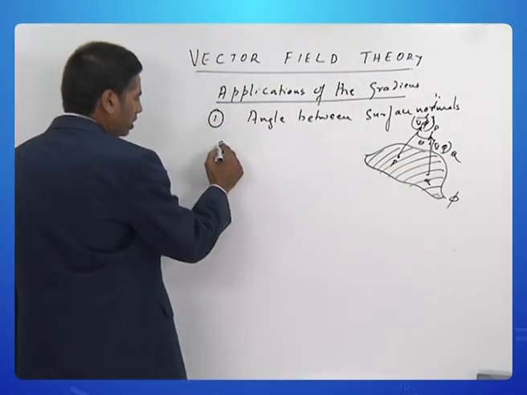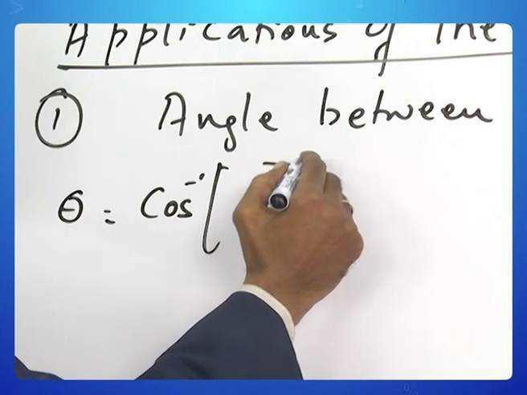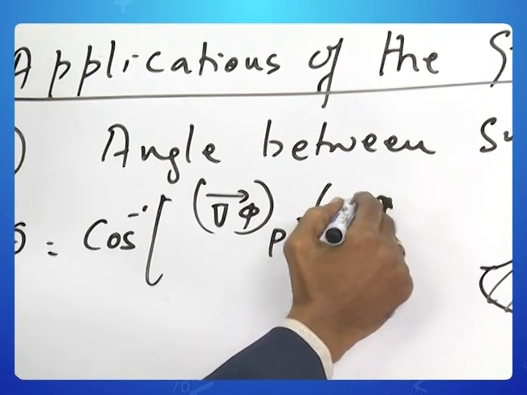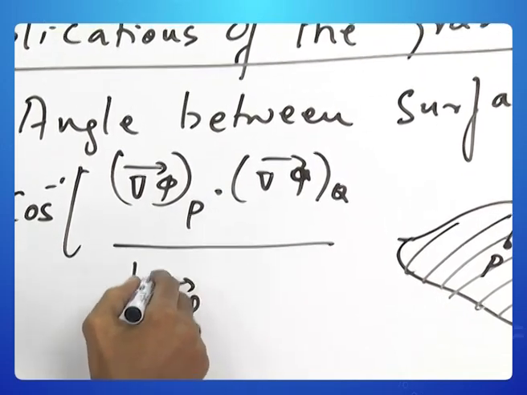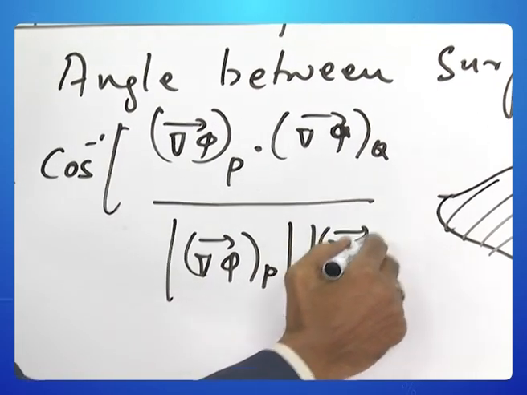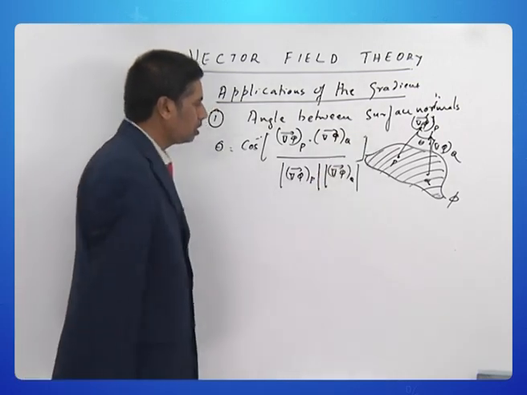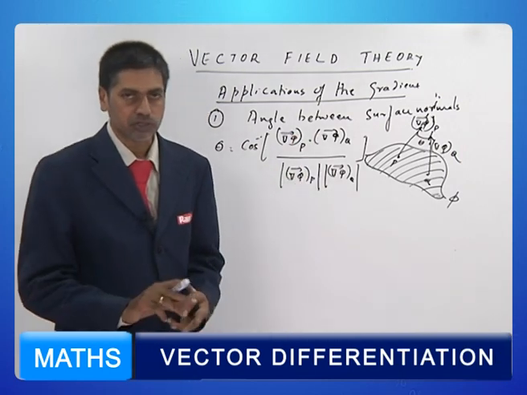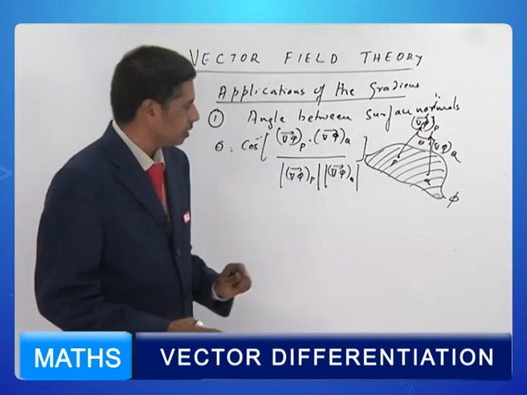So, we can get theta is equal to cos inverse del phi at P dot del phi at Q by the magnitude of del phi at P into the magnitude of del phi at Q. So, obviously, you will get an angle somewhere between 0 to 180, but for acute angles you can just take the modulus and then compute that.